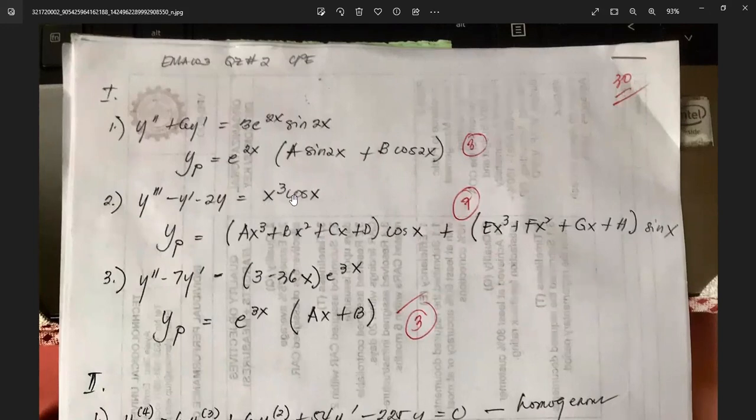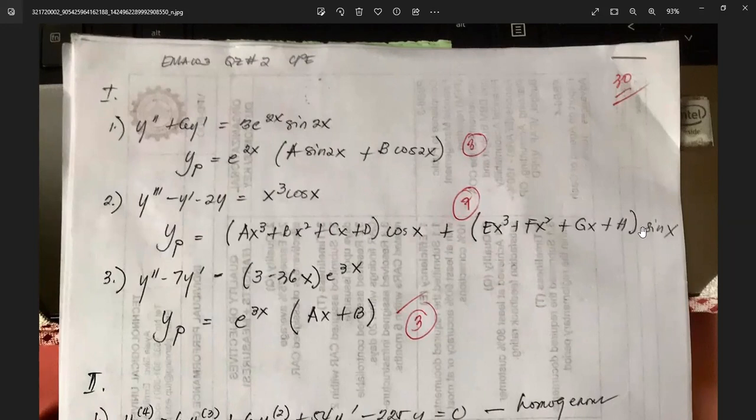But since it's a third degree polynomial, the ordinary a and b should be replaced by the form of the particular solution of this third degree polynomial. So the form of the third degree polynomial is ax cubed plus bx squared plus cx plus d. That's covering only the undetermined coefficient of the cosine.